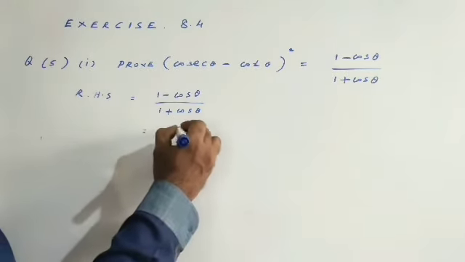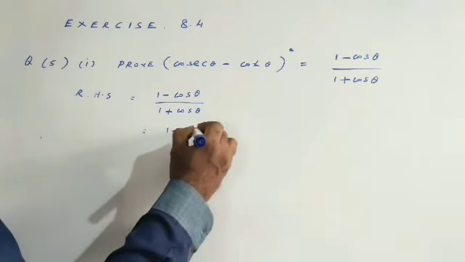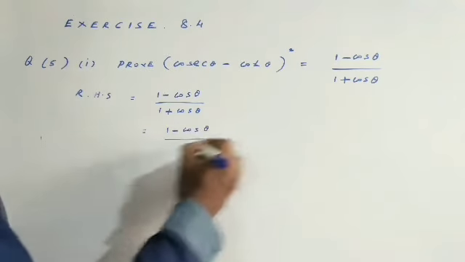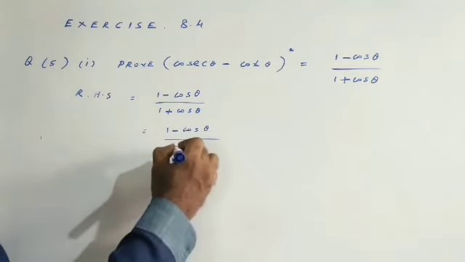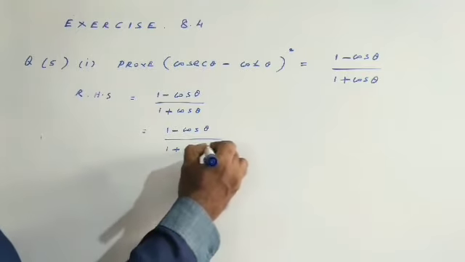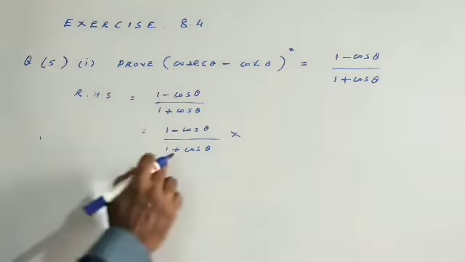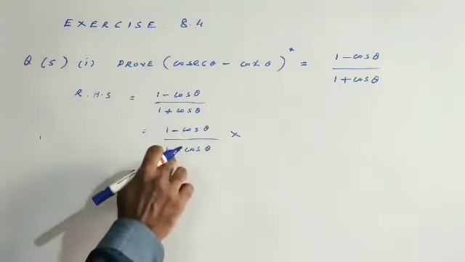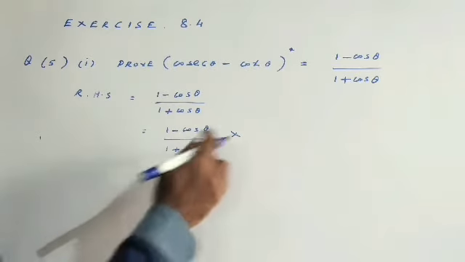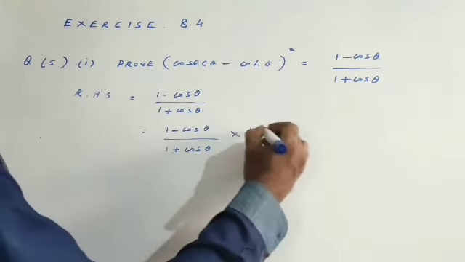1 minus cos theta by 1 plus cos theta. The conjugate of this is 1 minus cos theta, because we just change the sign here.